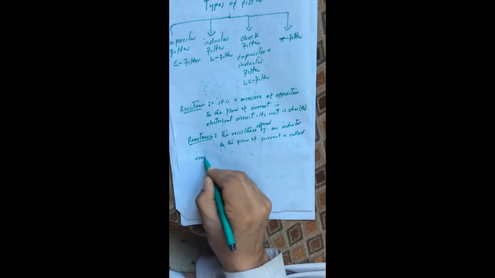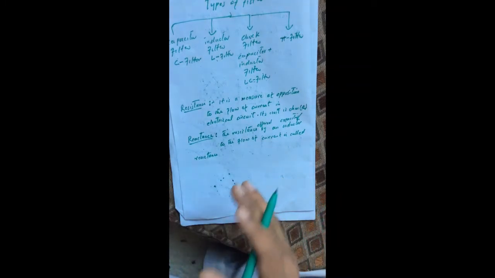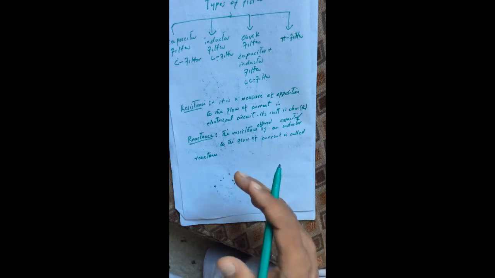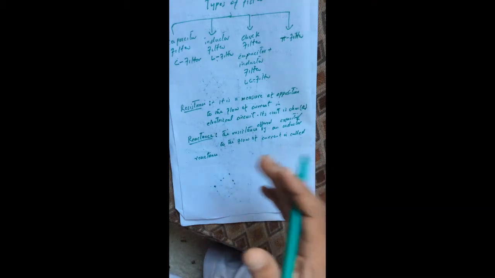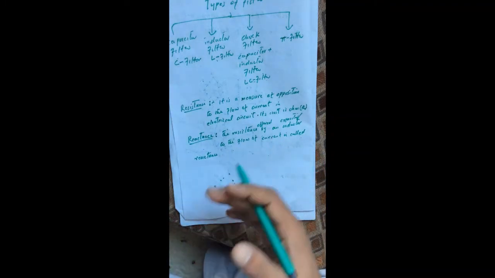Once we have a capacitor or an inductor in the path of flow of current, both these components also provide a resistance to the flow of current. So the resistance offered to the flow of current by this capacitor or this inductor is called reactance.